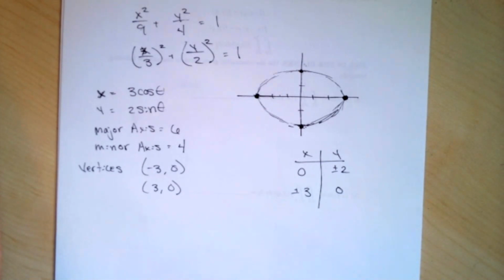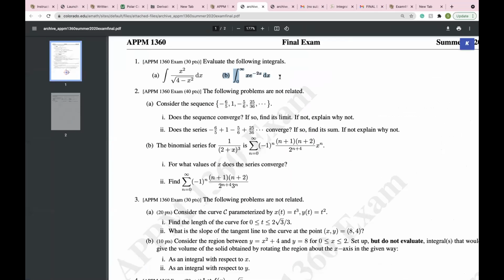I had a question on one of the practice exams. It's probably going to be quick, but for 1B, I used integration by parts to find the integral of that, and then did that to infinity.